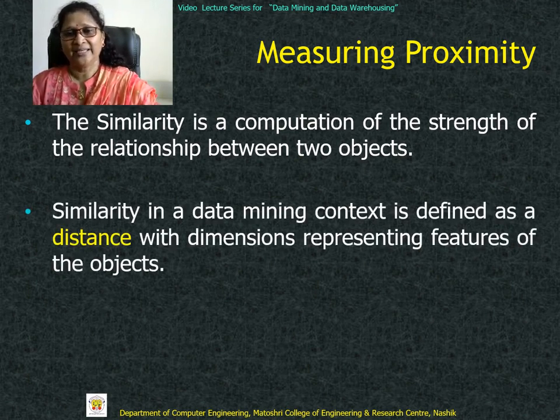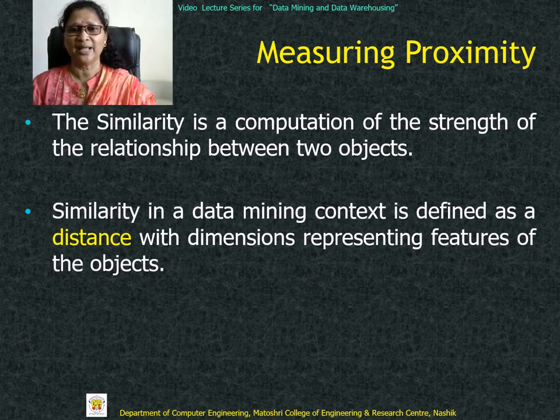In other words, similarity computation is also termed computing the strength of relationship between two objects. We just defined what clustering was. We are trying to find out which rows, data objects, are closer and similar, and we group them in one group. So when we talk about similarity, we are trying to find the strength of relationship between any two objects.